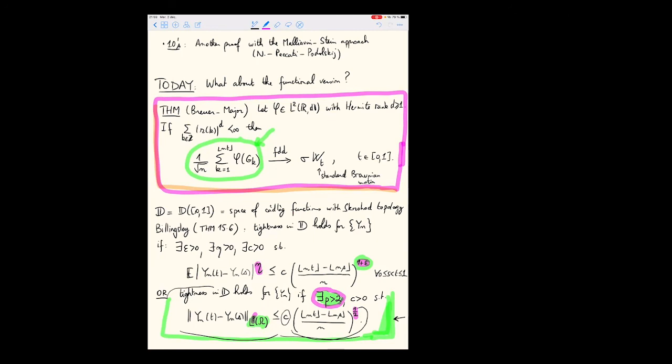So to even give a meaning to what a functional version would mean is not clear to me. Maybe you are more of a specialist than me, but I am not sure that the question in itself is well posed.